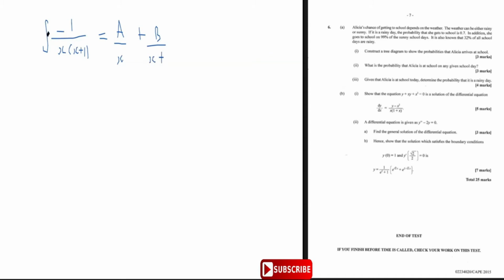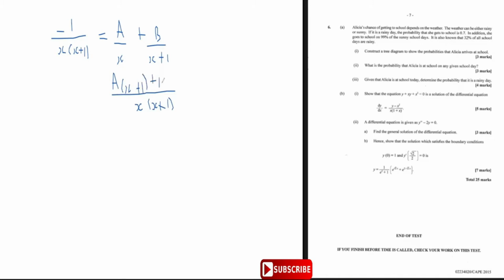So let me remove the integral sign for now. Computing the LCM is going to be x times x plus 1. All right. x into this leaves x plus 1. So this becomes a times x plus 1 plus b times x.